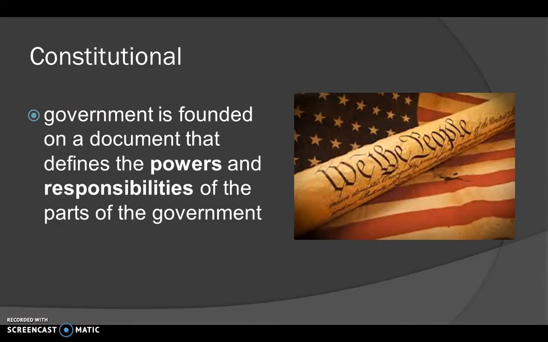We also said that the United States is a constitutional representative democracy. The first part of that is constitutional, which just means that this government is founded on a document that defines the powers and responsibilities and the workings of the different parts of our government.